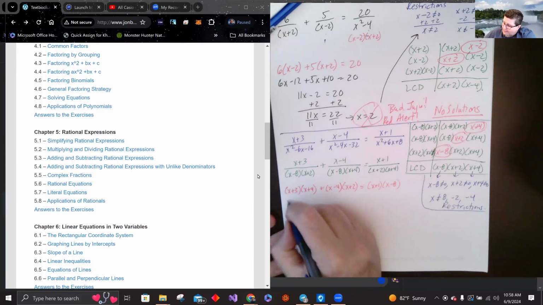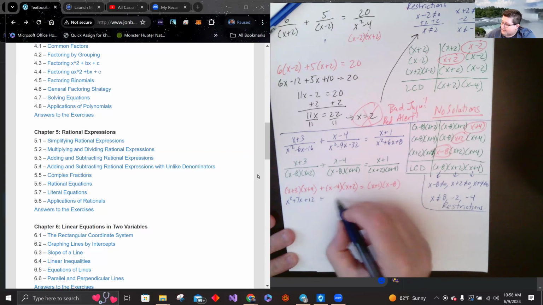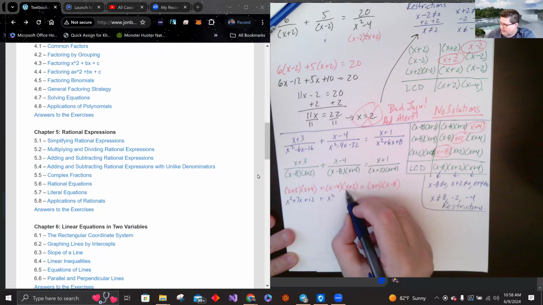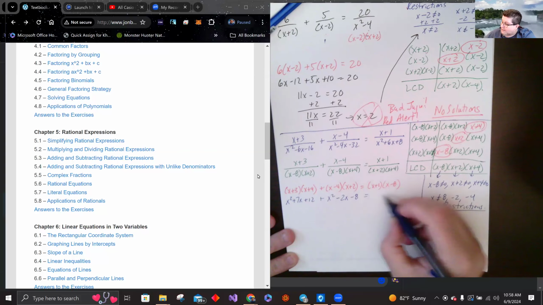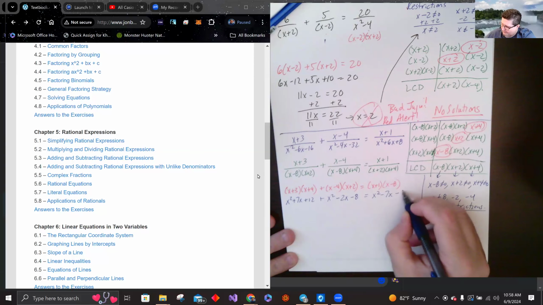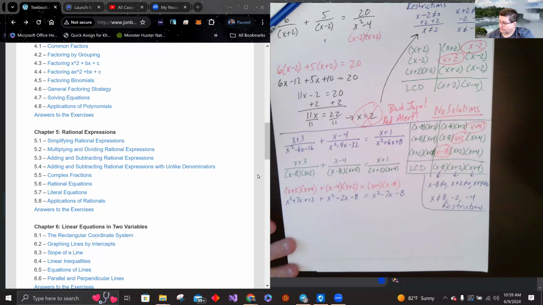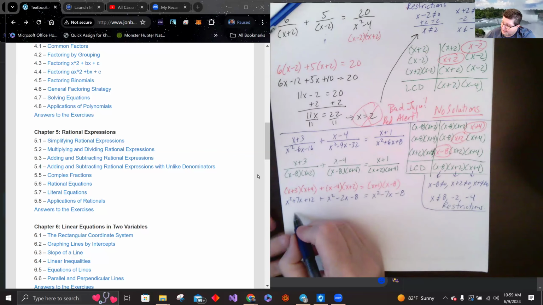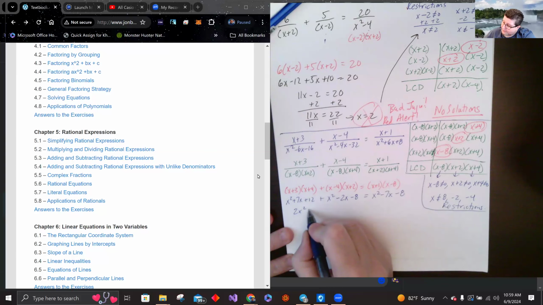All right, we clean up. This is x squared plus 7x plus 12. This is x squared minus 4 and plus 2 is minus 2x minus 8. And this is x squared minus 7x minus 8. Gather like terms.